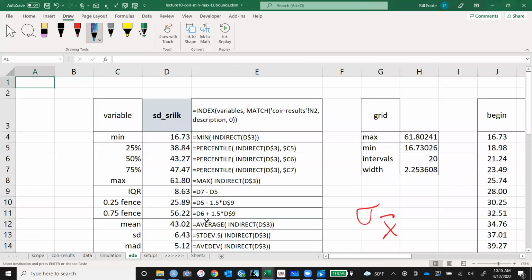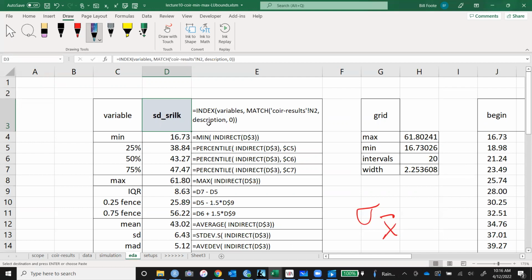And then we do an EDA. Now, the interesting thing here is, and we'll discuss how we get this, this is the system name for standard deviation of Sri Lankan simulated prices. Notice we're going to use index, we're going to use a variables range, and refer what the user asks for, which is inquire results into, with a description range.